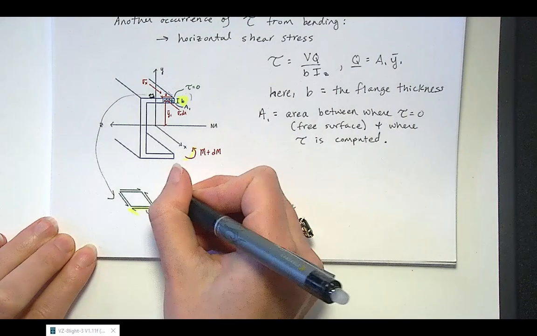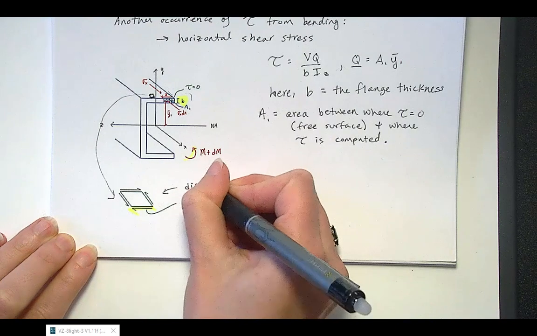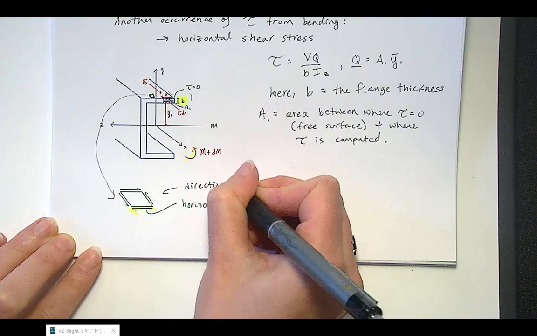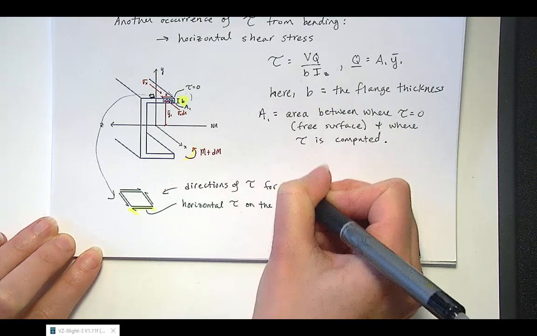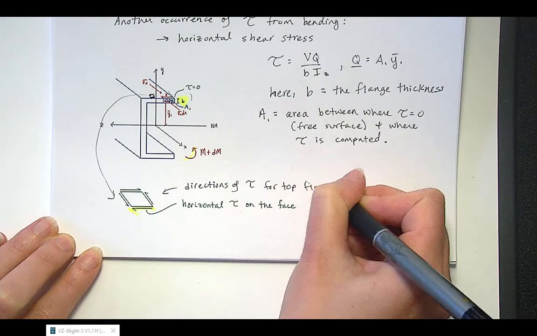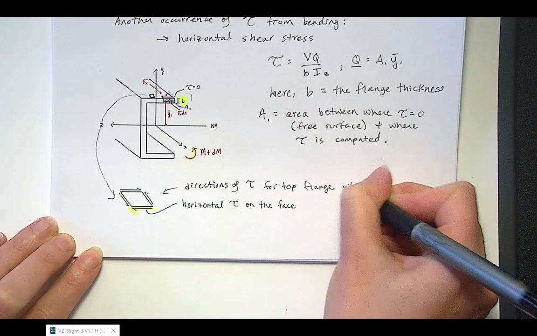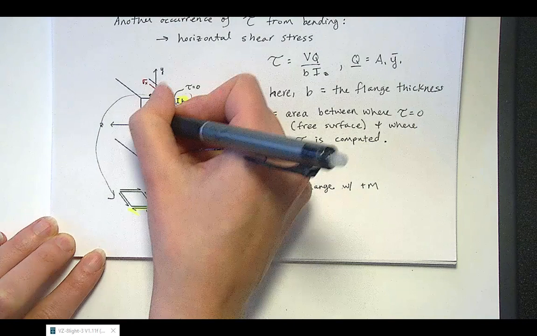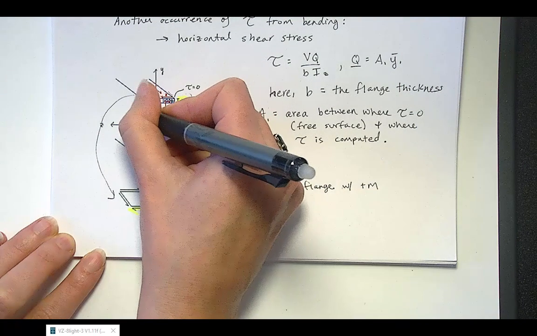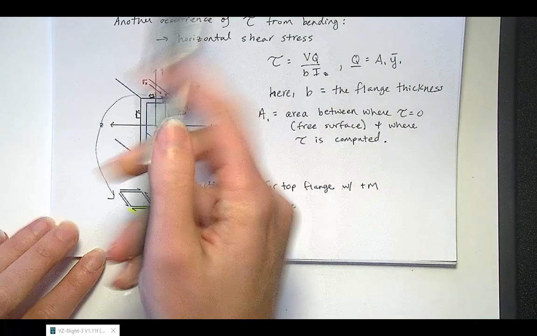So these are the directions of shear stress for the top flange with positive bending.